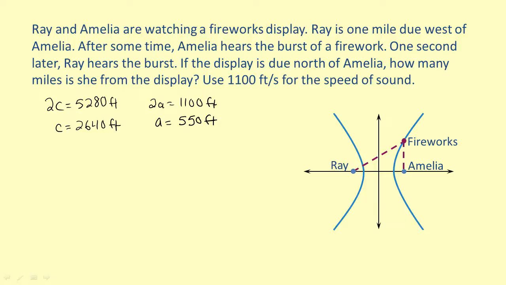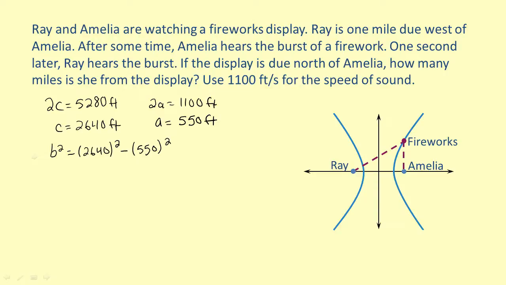Okay, now that we have a and c, we can find b. Since you can see that a right triangle is formed by the locations of Ray, Amelia, and the fireworks, let's use the Pythagorean theorem. We'll use the equation b squared equals c squared minus a squared to find b. This means we have b squared equals 2,640 squared minus 550 squared.